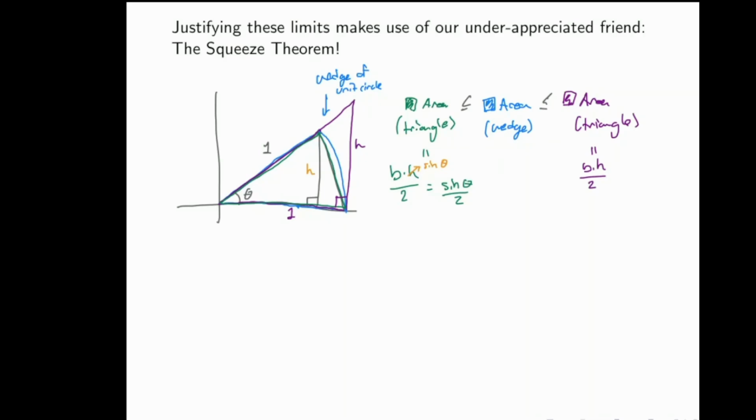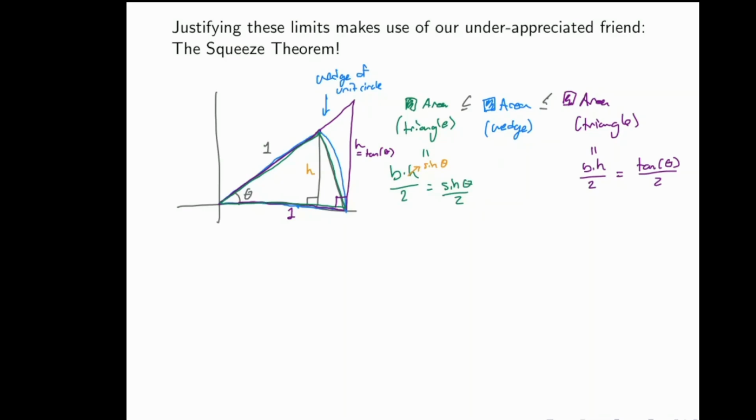So instead of using sine or cosine, how about I just use the tangent? The tangent is the opposite side divided by the adjacent side, but the adjacent side in this case is just 1. So this height up here is actually just the tangent of the angle theta. And we know the base is 1, so this area should be the tangent of theta divided by 2.